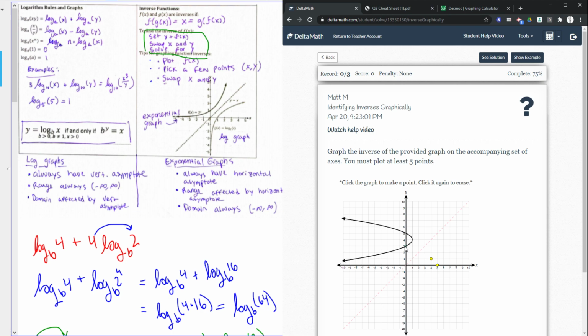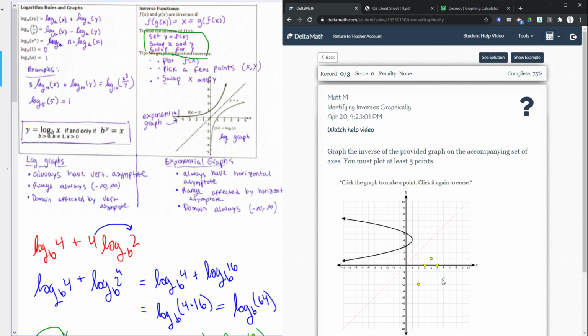Okay. 0, 3, I'm sorry. Becomes 3, 0. All right, we need to pick 2 more points. This looks like one. -3, 2. So that's going to become 2, -3.